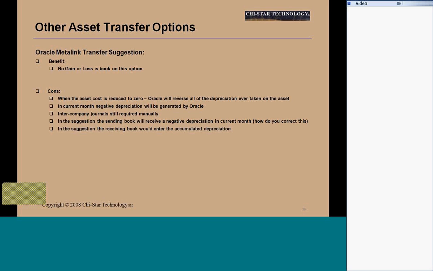So now you're going to have more manual journal entries to correct those issues. So all you're doing is you're shifting that responsibility from your gain and loss issue to a totally complex depreciation issue. And you have to book journal entries to get your depreciation in line.